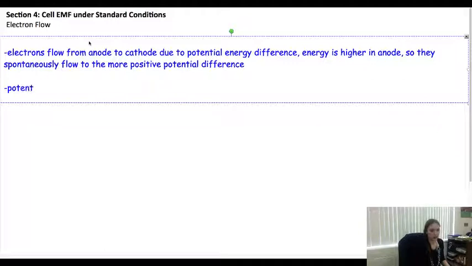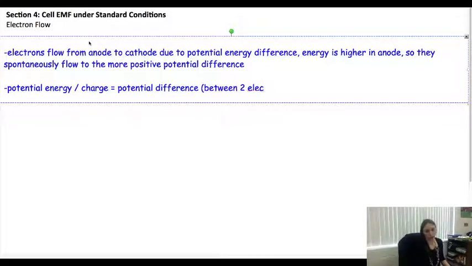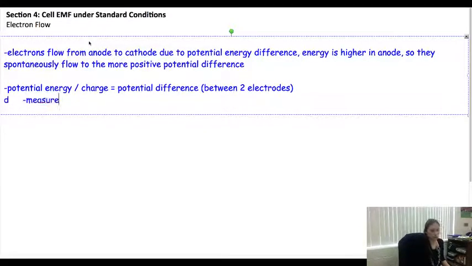Okay, the potential energy divided by your charge is equal to that potential difference. And it's between two electrodes. Okay, these are measured in volts, because a volt is 1 joule per coulomb.